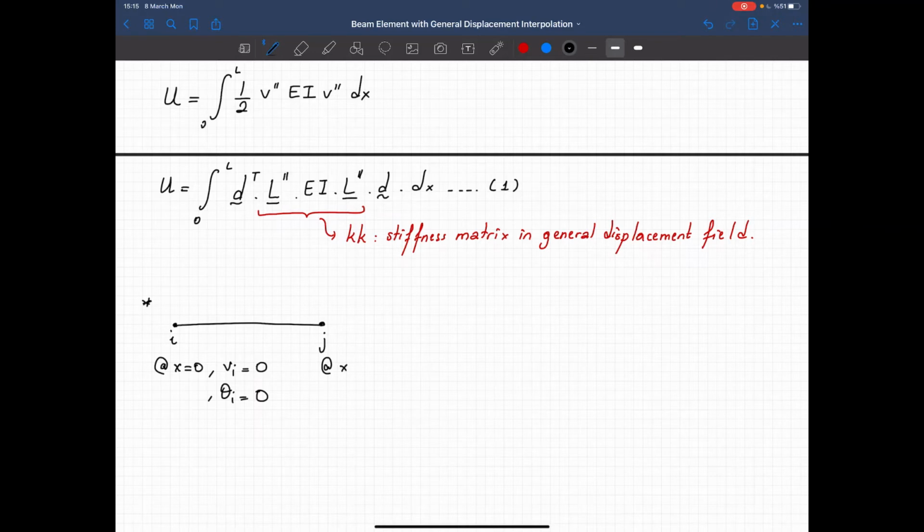At x is equal to L, Vj is equal to 0, theta j is equal to 0. So these are the boundary conditions for this beam element.